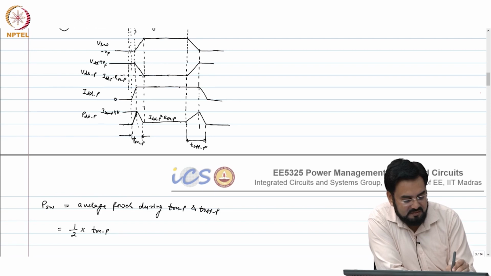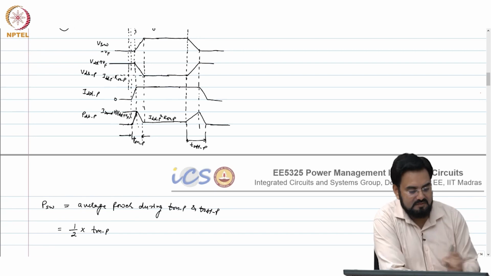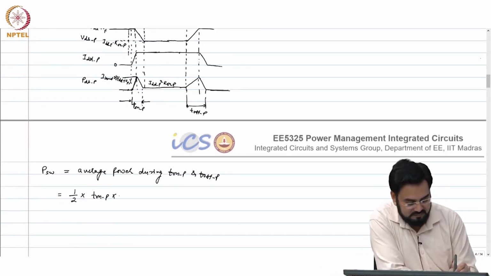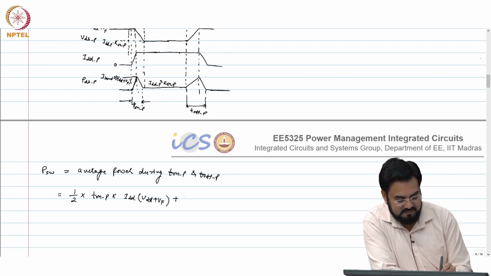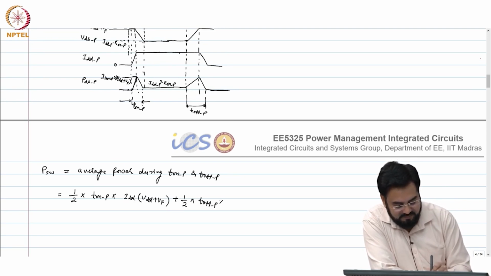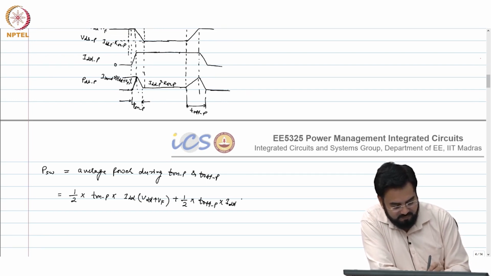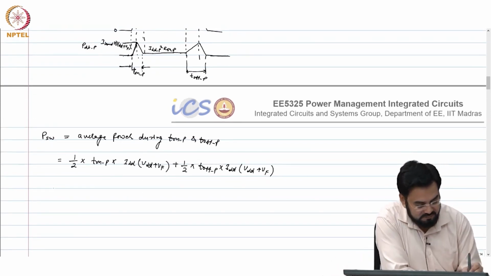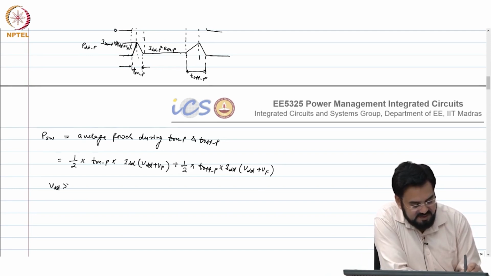Square, not square. VDD plus VF. Plus do the same thing during T off P. So if VDD is much larger than VF, let us say, then you can approximate, and that is what you see in the textbooks.